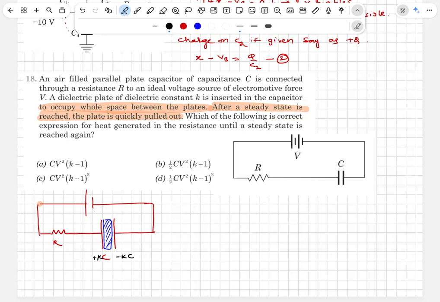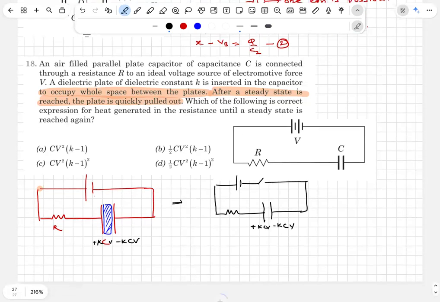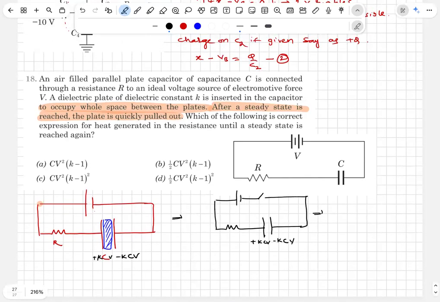Now I'll just modify the question. This one is the same as a resistor and a capacitor with charge plus KCV, minus KCV. And you close the key. That's the question. So what happens after reaching steady state?